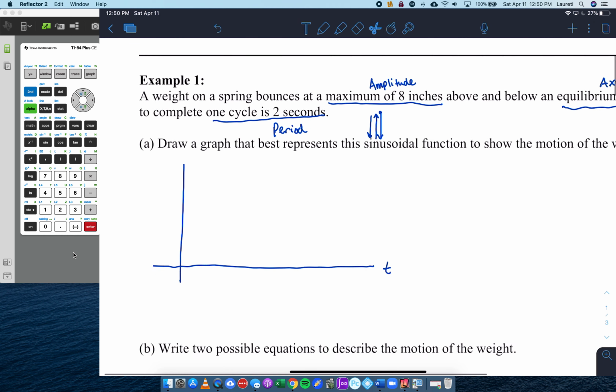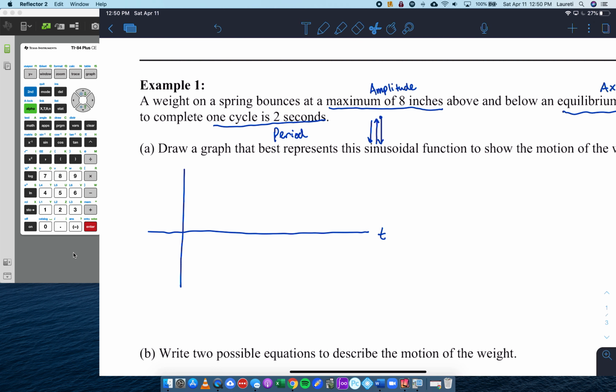Actually, let me change that a little bit. So we're going to go 8 inches above and 8 inches below. Now it says that the period is 2 seconds, so the period equals 2. So what I should go up by on my horizontal axis is 1/2 to get my period.